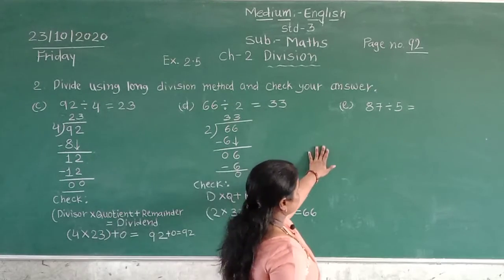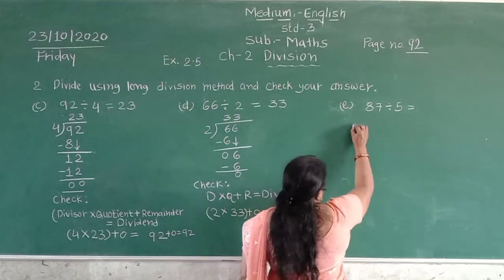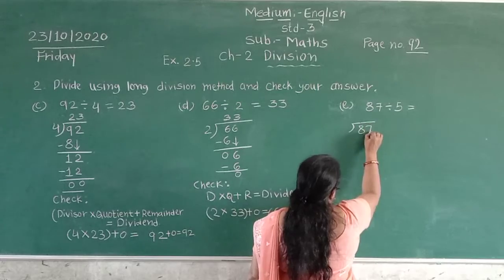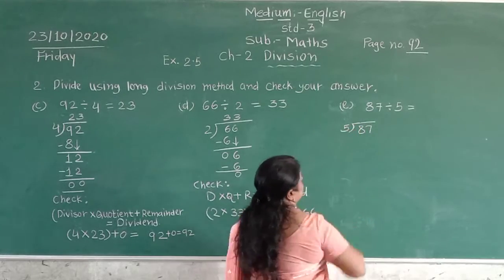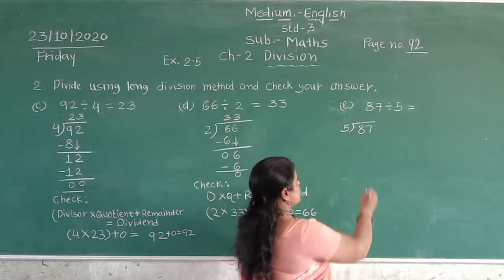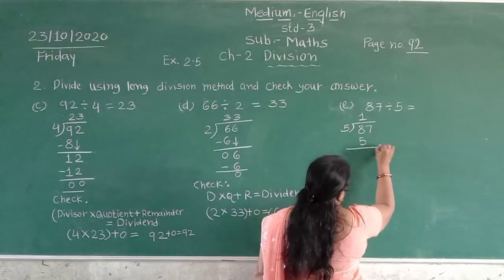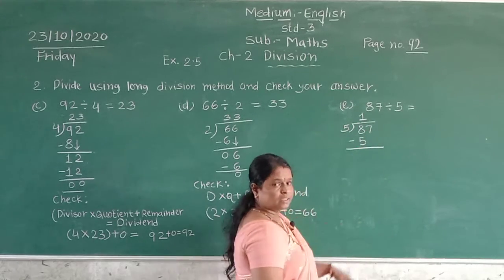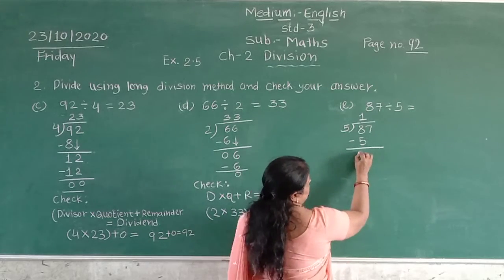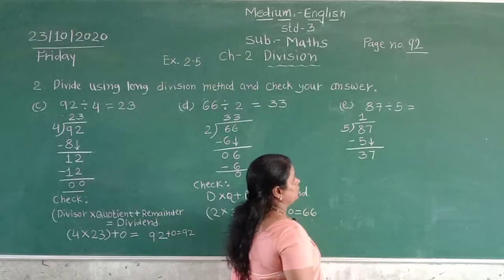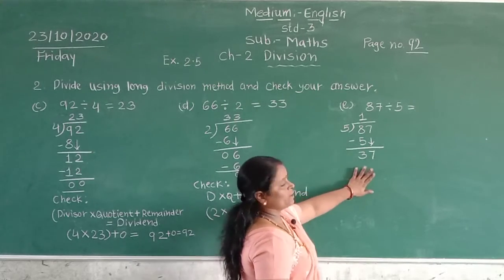Now third, 87 divided by 5. 5 ones are 5. 8 minus 5, 3. Bring down 7. Which number do we write here?